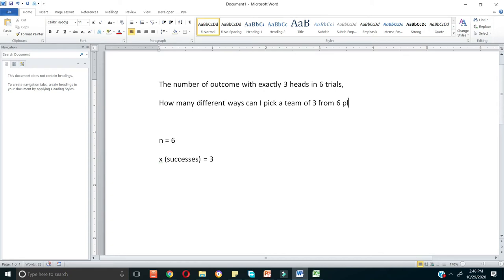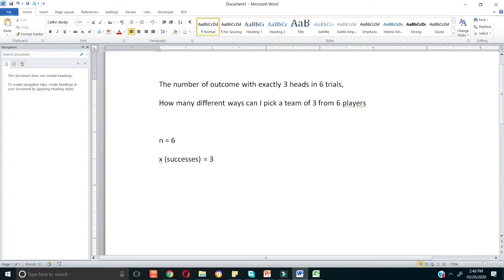It's exactly the same kind of question, because essentially what you're doing is trying to see how many different ways you can pick 3 heads out of 6 tries, out of 6 possible positions. So it's really the same kind of situation.